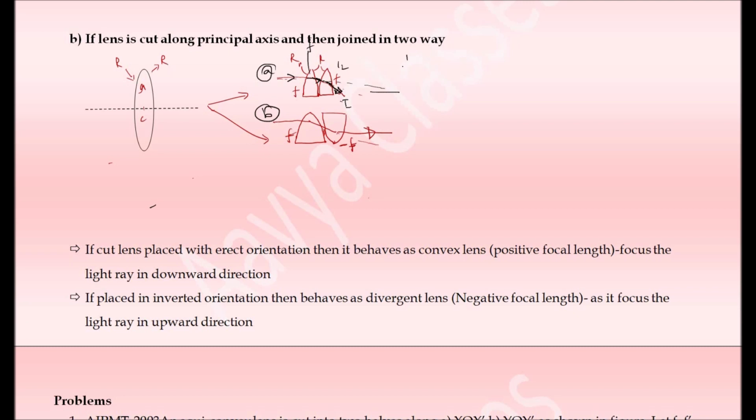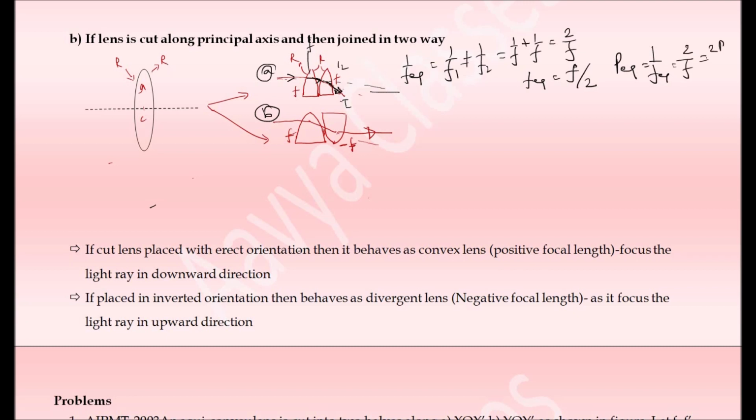So the focal length of the combination will be 1 by f equivalent is equal to 1 by f1 plus 1 by f2, and the focal lengths are the same, so 1 by f plus 1 by f, that is 2 by f. So f equivalent is equal to f by 2, and power equivalent is equal to 1 by f equivalent, that is 2 by f, that is 2P. So the power has been increased to twice the power of the original lens.